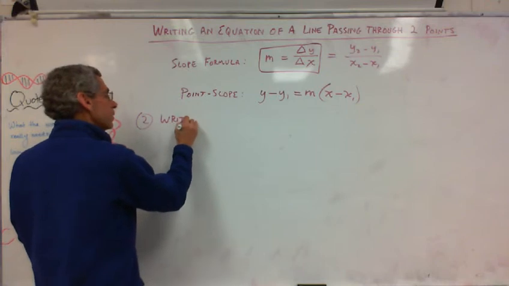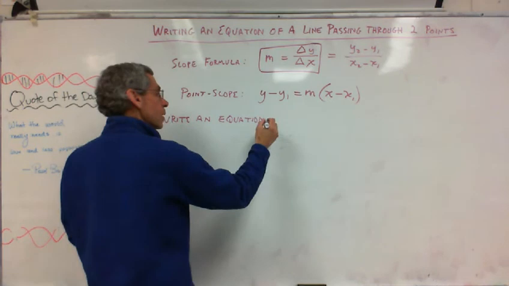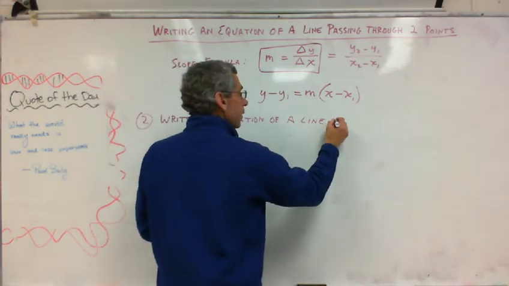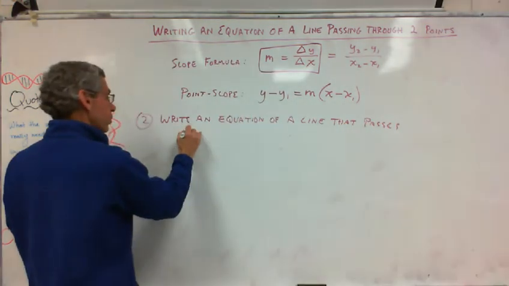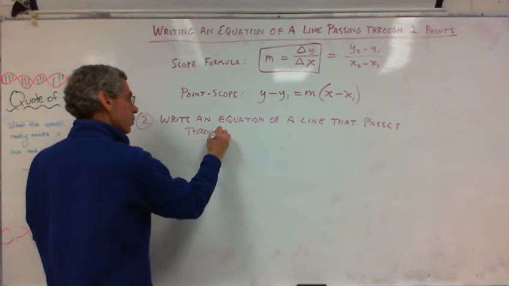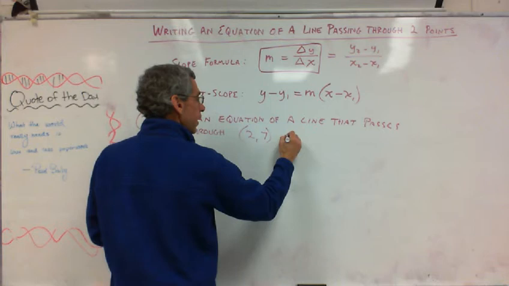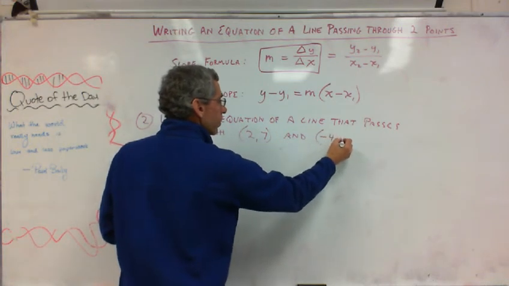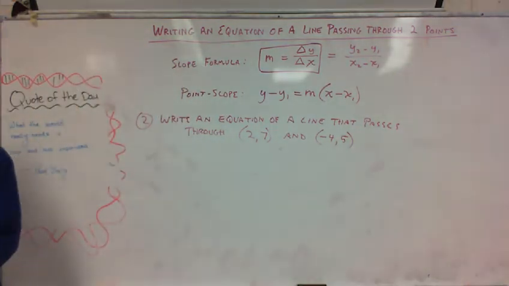Write an equation of a line that passes through (2, 7) and (-4, 5). What would you do?